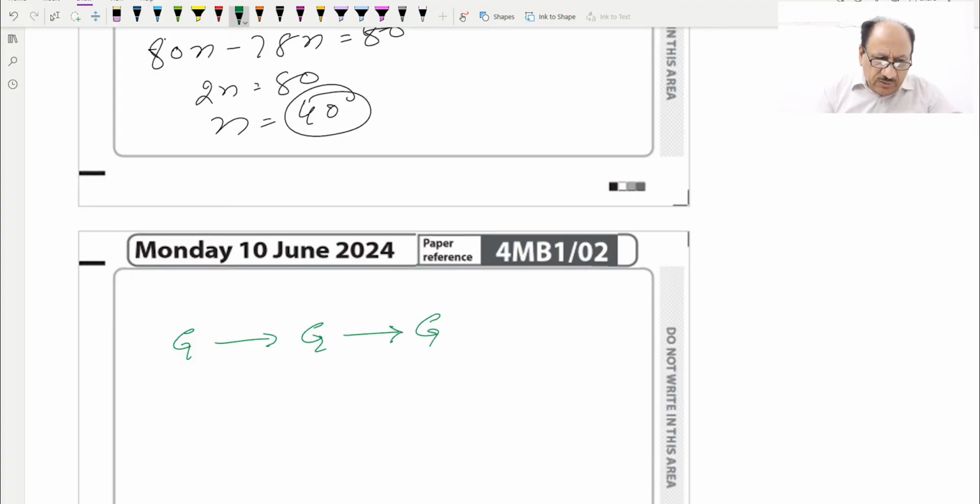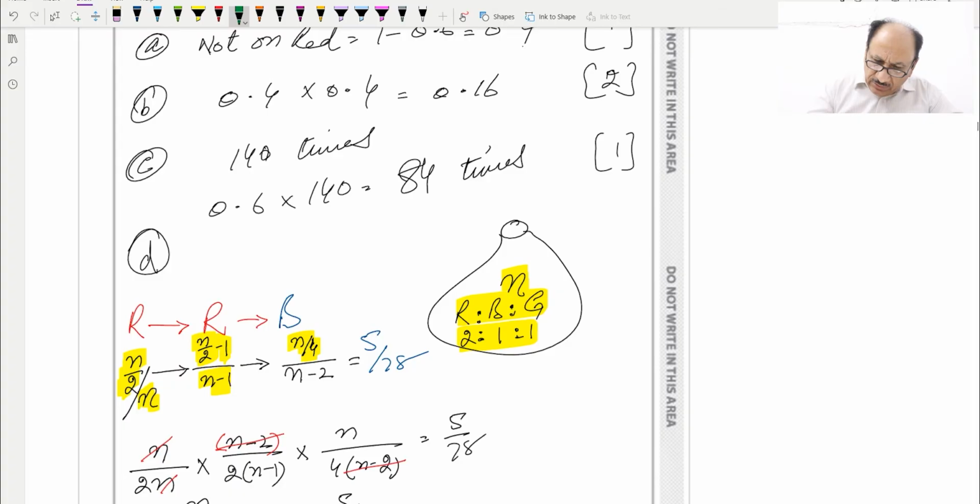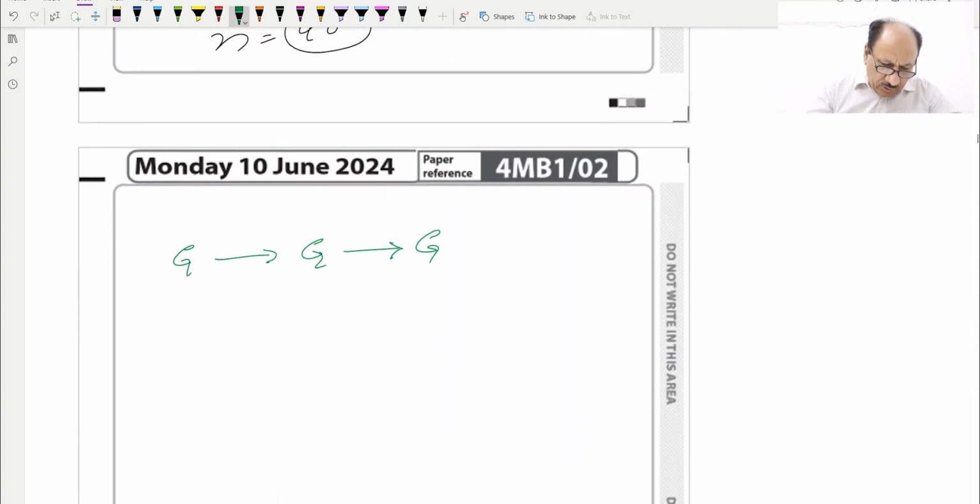Now for getting a green counter, our probability will be n by 4, because here green is only 1 out of 4. So the probability will be n by 4 over total, which is n.